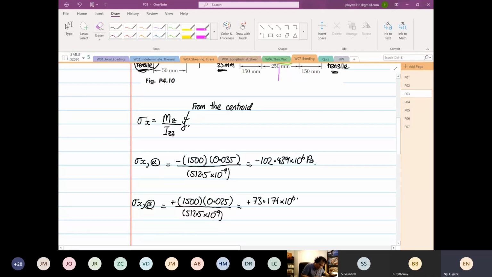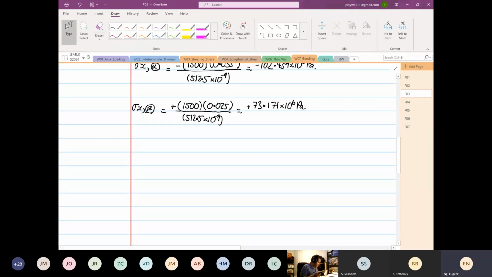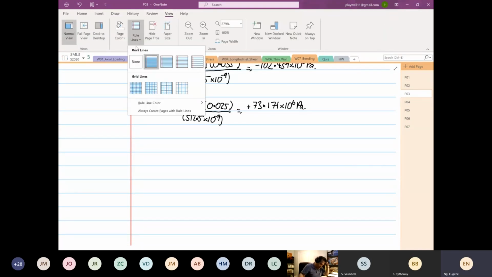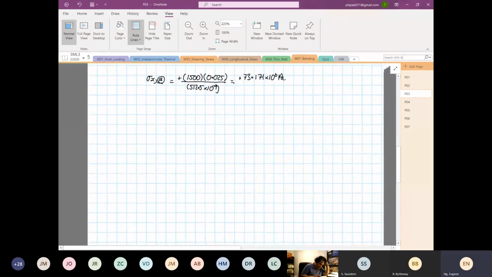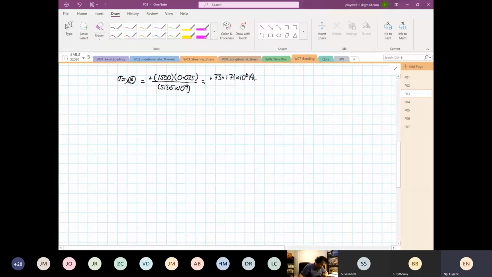Okay. So from here, I know it's not required in this question, but I'm going to sketch our stress profile. So this is my stress in the x direction.